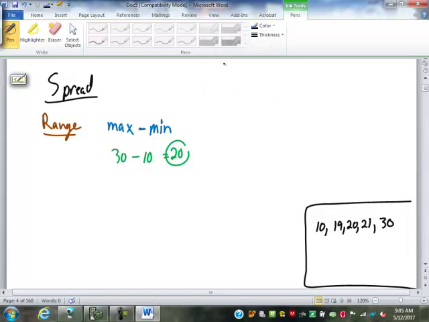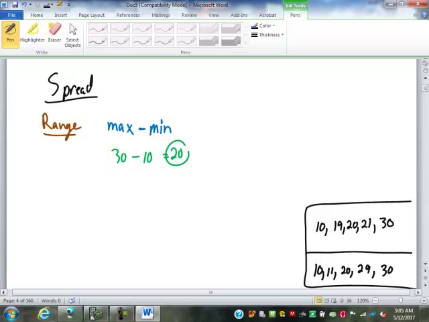The problem with the range is it's not very discriminating. By discriminating, I mean it tells the difference between two similar sets of data. For example, this second set of numbers here, I would argue is more spread out.